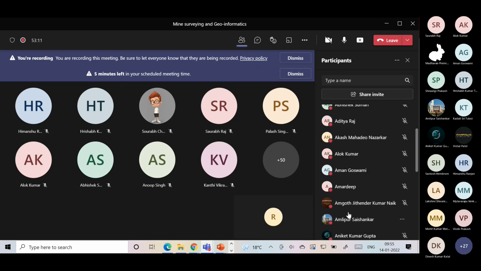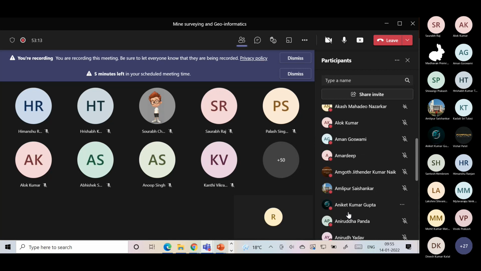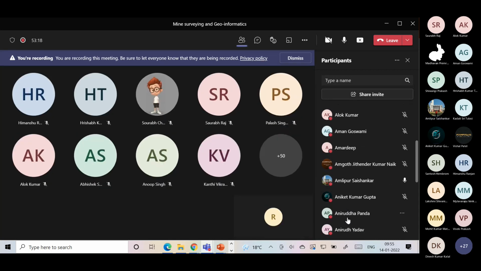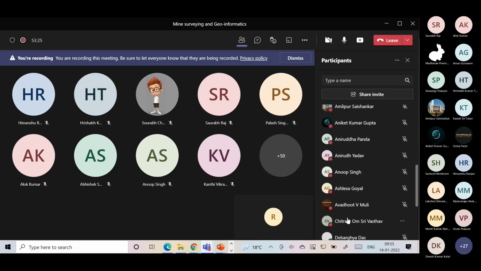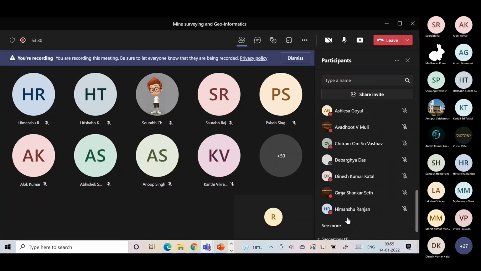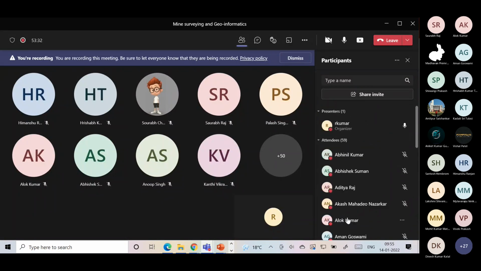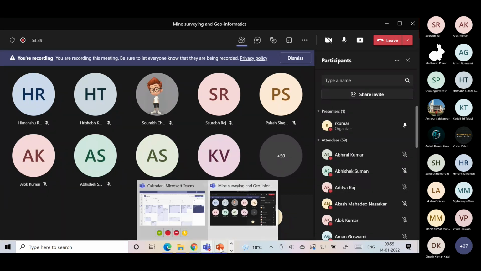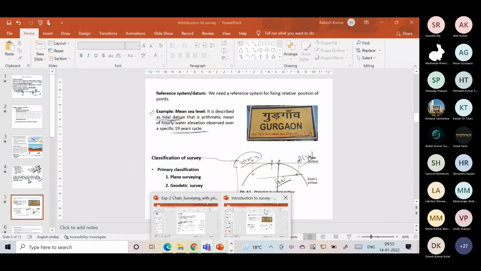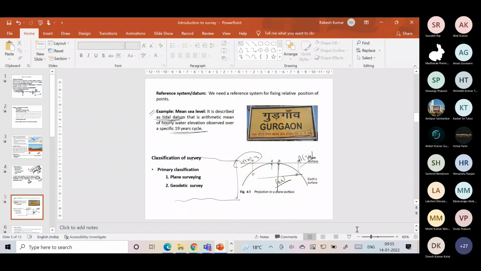Let me handle some of the students. Amlipur is there. Yes, sir. Aniruddha Panda. Yes, sir. You should speak. Why are you keeping mum every time? Is there some problem, or do you not feel like speaking? You should.